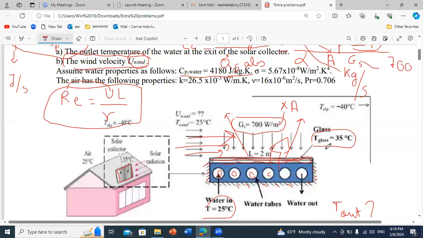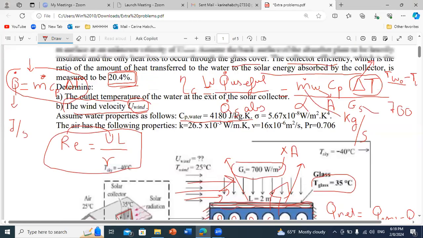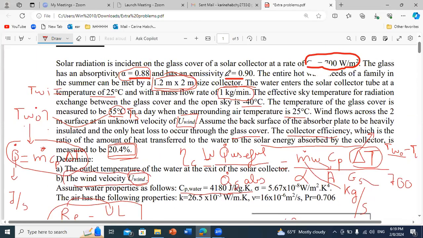And to get it, you know that for radiation, you should consider the net radiation, which is equal to the emitted flux minus the absorbed one. And you know we have formulas to get these. Whenever you consider emission from the glass cover, you have to consider the value of epsilon, which is given for you. And since it's emitted from the surface, you will use the temperature of the surface.